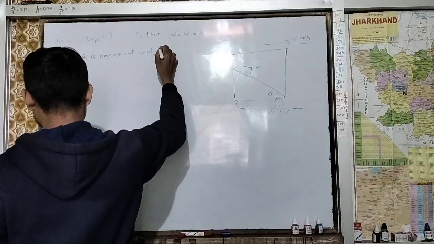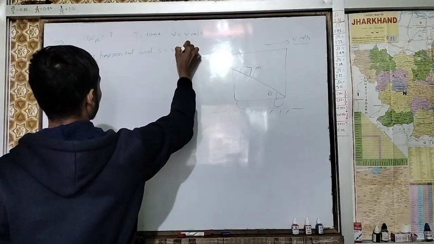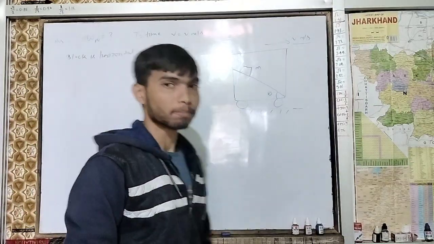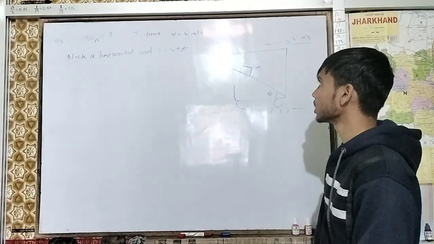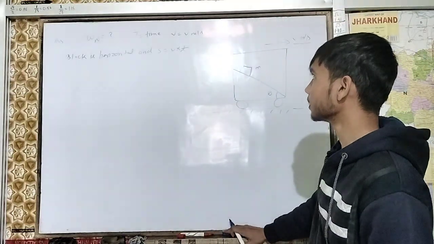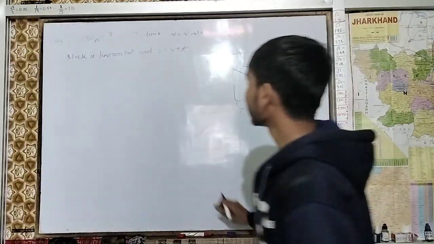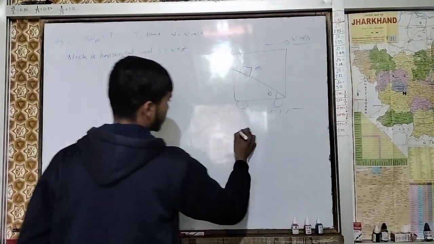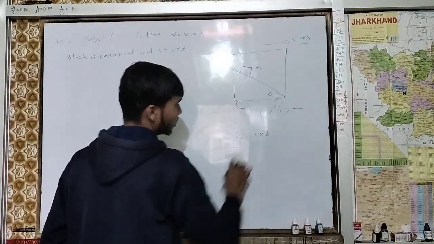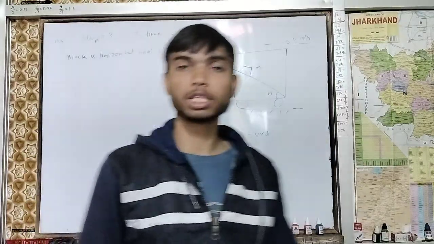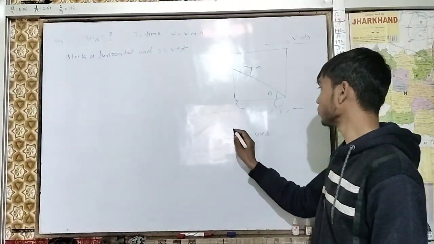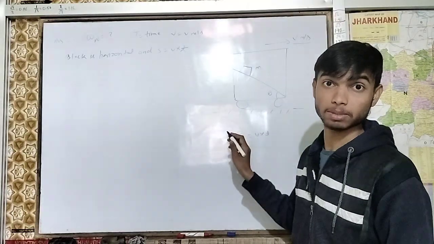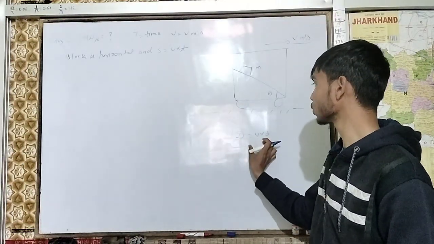So our displacement S will be v multiplied by t. Speed is equal to displacement upon time, so from distance upon time we calculate this equation, v is equal to S upon t.